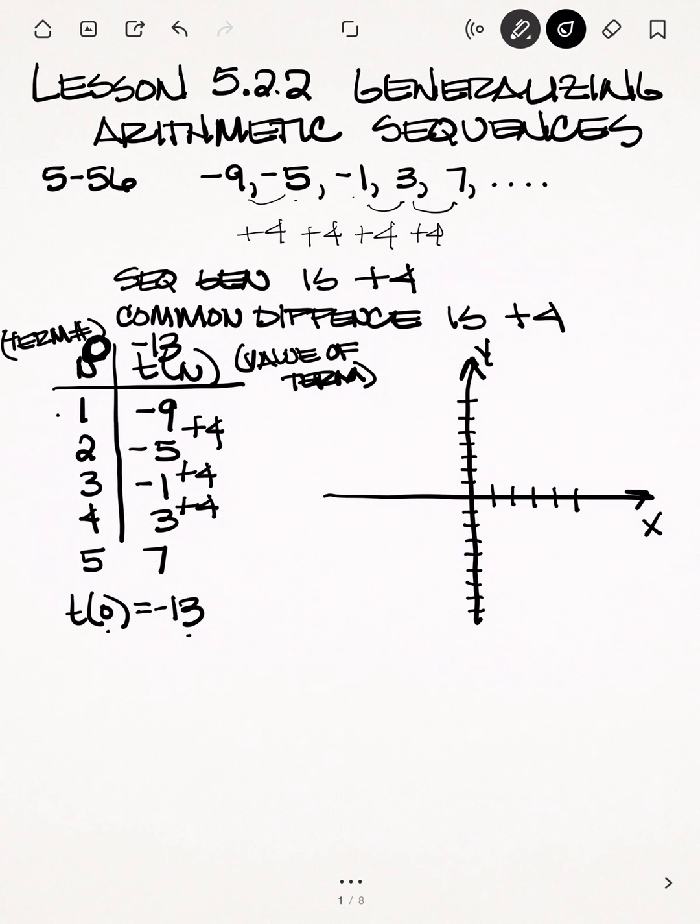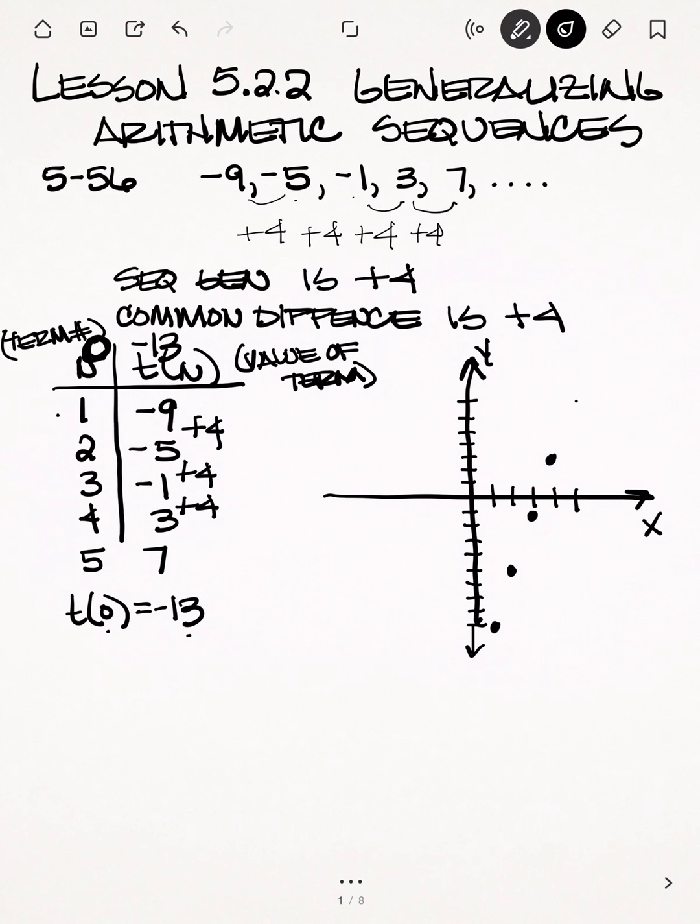All right, so I graph. I go over 1, down 9. I go over 2, down 5. I go over 3, down 1. I go over 4, up 3. And I go over 5, up 7.